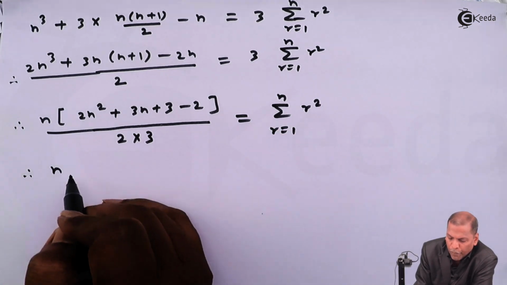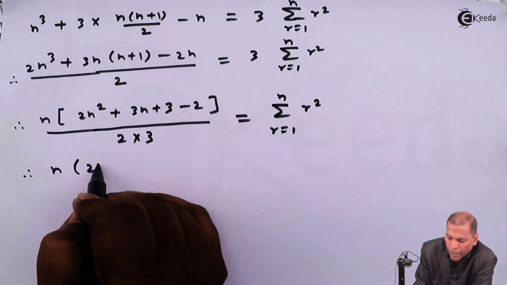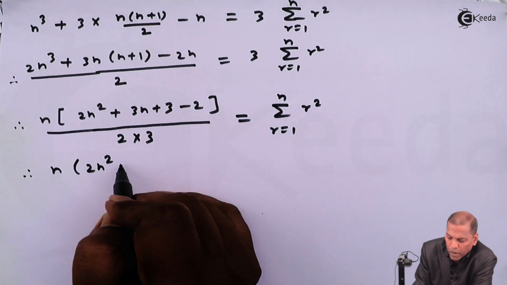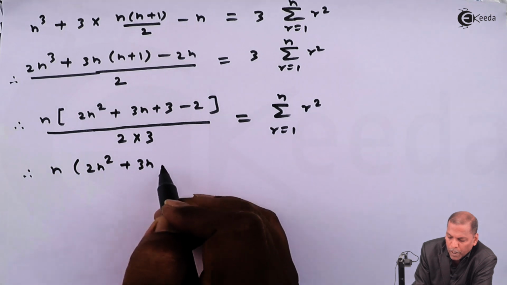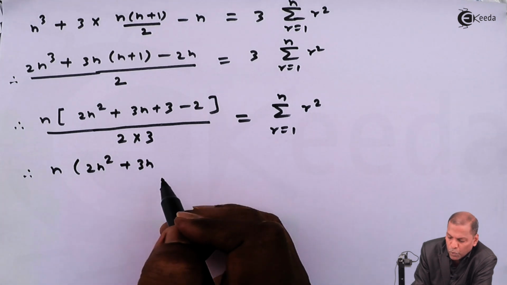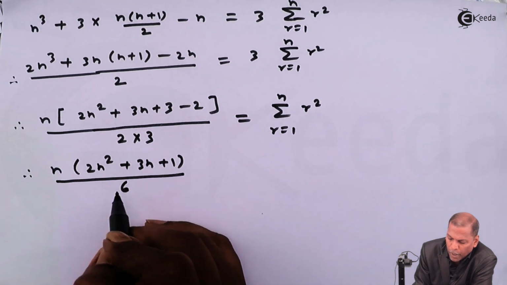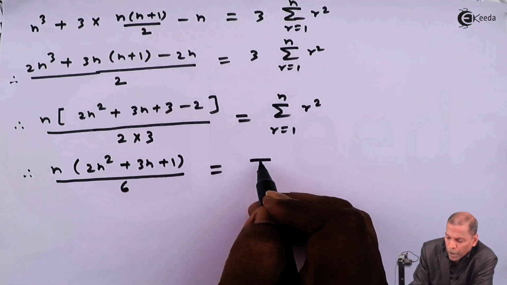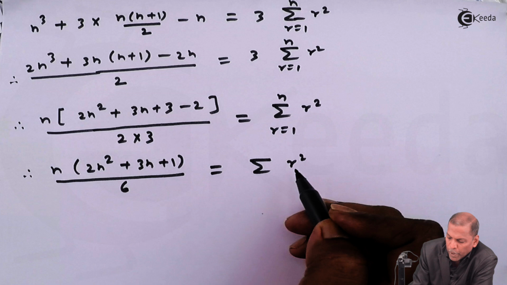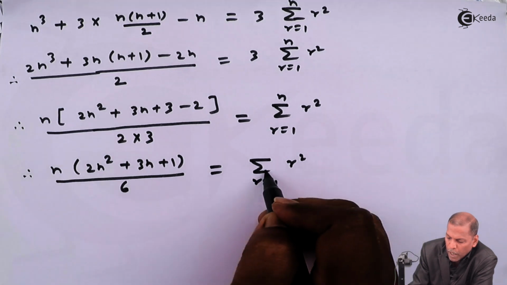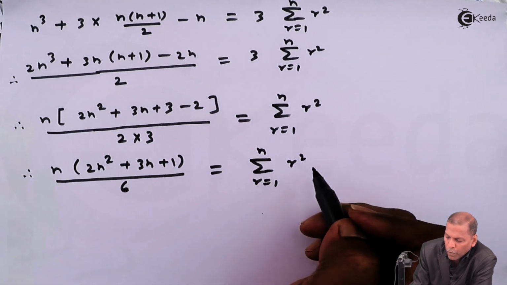On further simplifying, we have n(2n square plus 3n, and then 3 minus 2 we get plus 1), totally divided by 6, which is equal to summation r square, r takes value 1 to n.